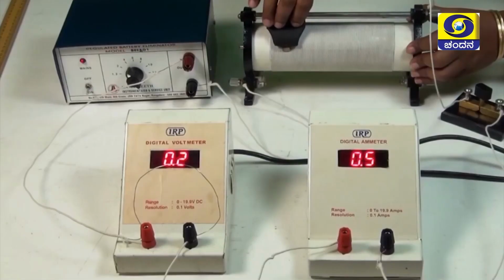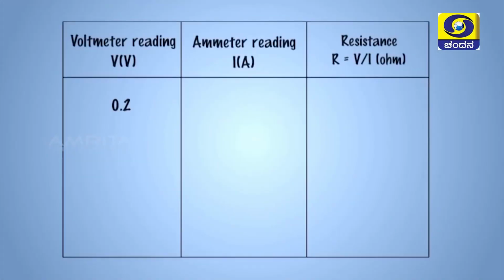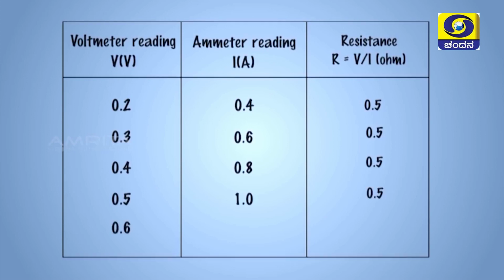As you can see, the values are increasing proportionally, which we noted down in a table like this. So the ratio of V by I is constant, 0.5 ohms for this wire, which is the resistance of the wire, that is potential difference divided by electric current. This constant is called the resistance of this wire.